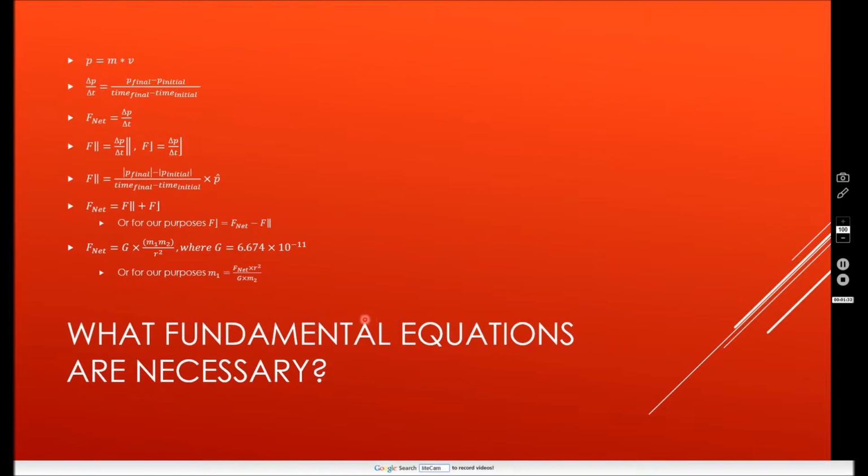So here are our fundamental equations. Let's start with momentum. It's mass times velocity. Then we have our change in velocity over time. Then we're going to move on to our net force, which in this case is equal to the change in momentum over time. And then we have our parallel and perpendicular components, which are respectively equal to momentum over time, parallel and perpendicular.